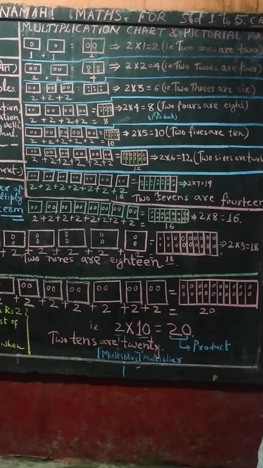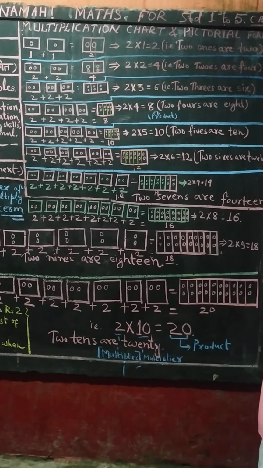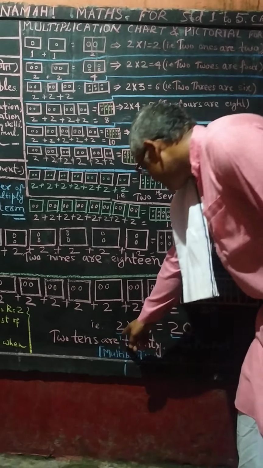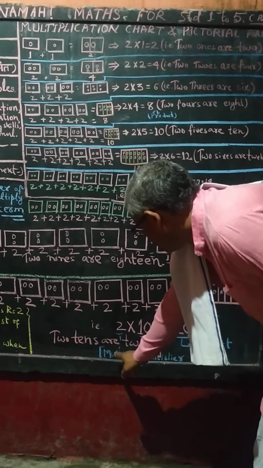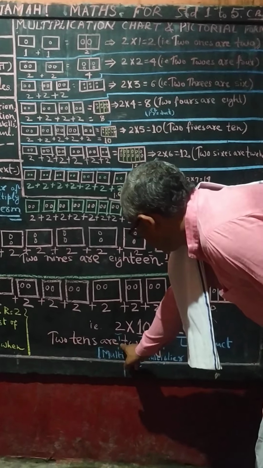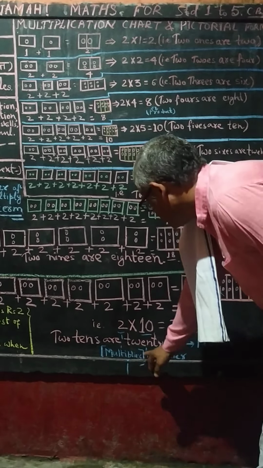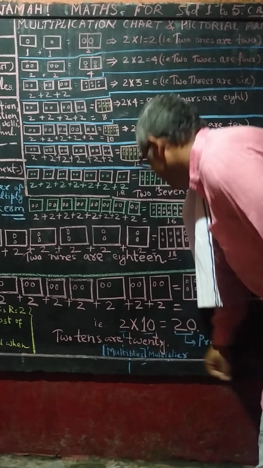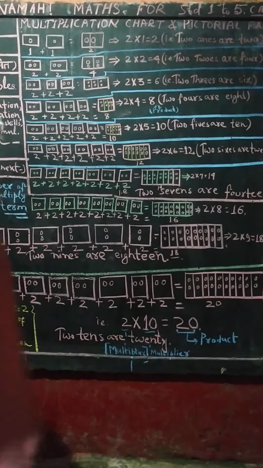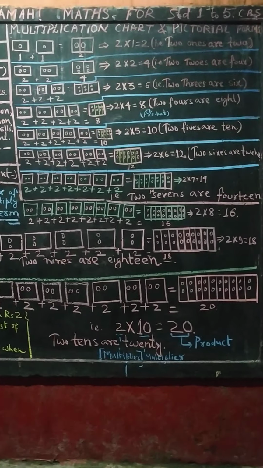Now a question arises: what are the elements of this multiplication? This one is called the multiplicand and this is the multiplier. You have to write it here. See.